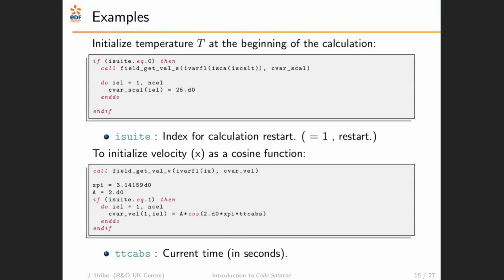This other example is to initialize the velocity. So now we call the field get value vector function with the index for I. There's no IU, IV, IW. IU is a vector already, so this is one.